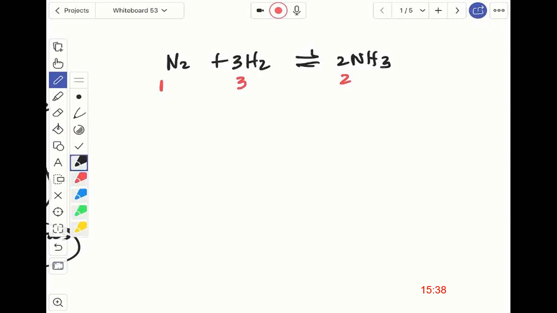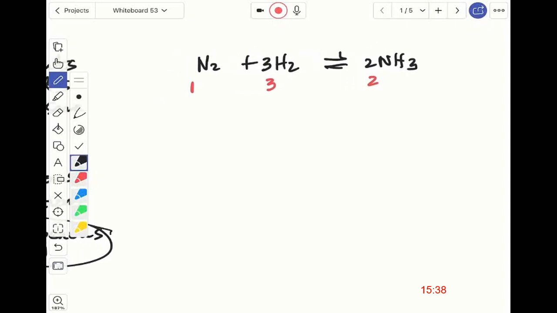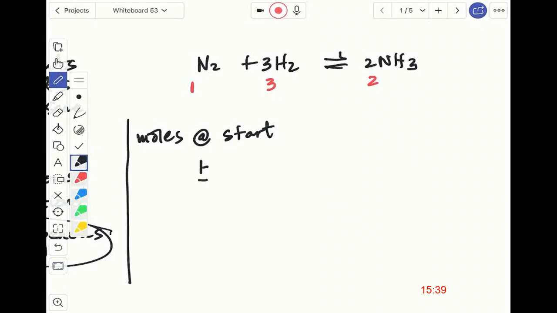And then I set up my table. I start with the moles at start. So at the start of the reaction, there's a certain amount of moles of certain things. Then I've got a column that says plus minus. Some of you might use the word change. I use plus minus, it will become obvious afterwards.